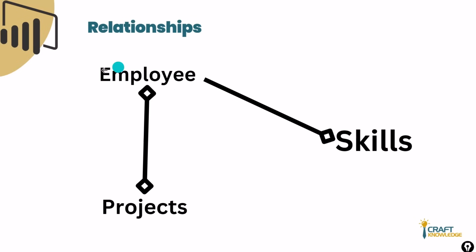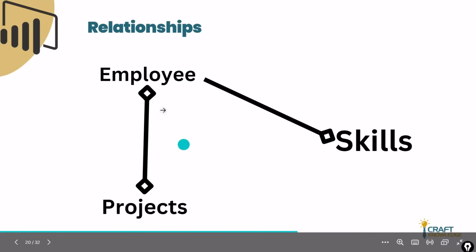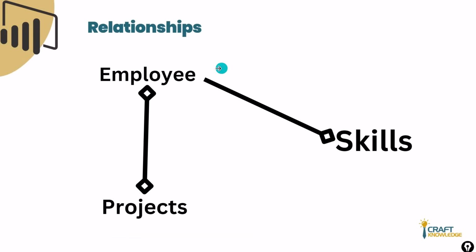So we can say that this is the fact table, and the tables that are related to it are the dimension tables. In other words, we can say skills and projects are dimensions of employee. Listen to this sentence again, it will make sense: skills and projects are dimensions of employee.